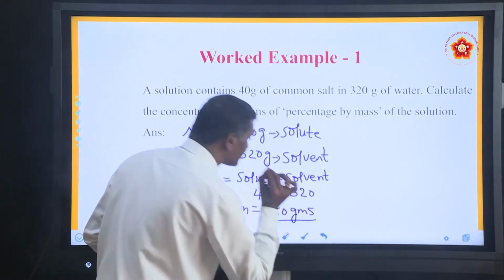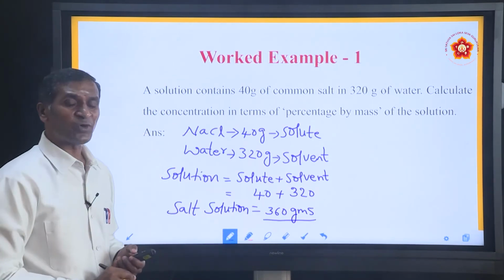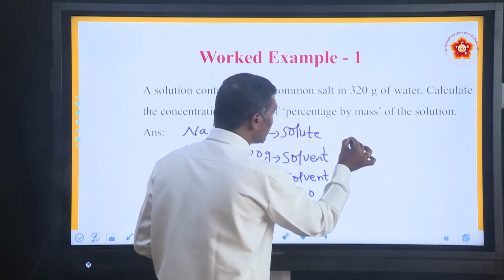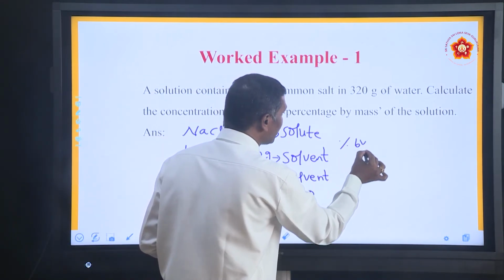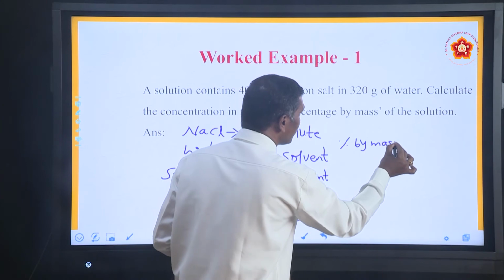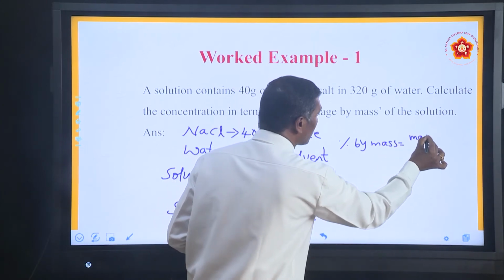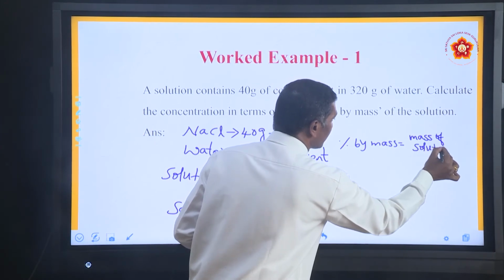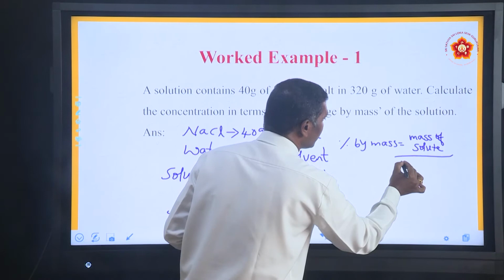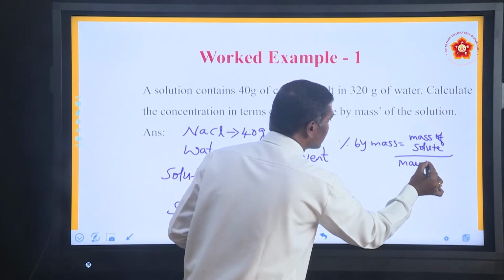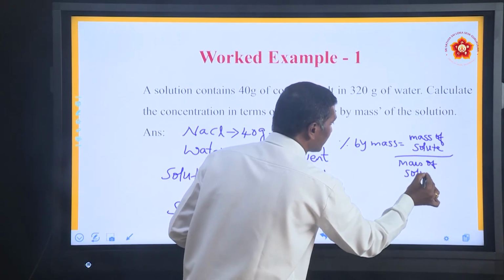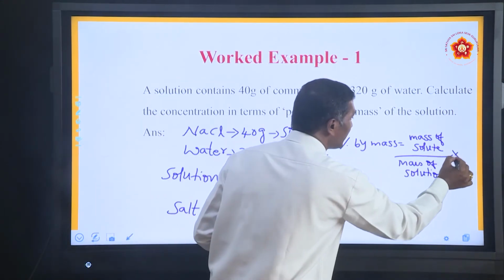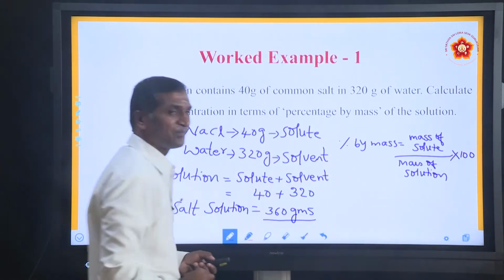So, this is 360 grams. What is the formula for percentage by mass? They have asked you percentage by mass, which is equal to mass of solute divided by mass of solution. Since it is percentage, multiplied by 100.